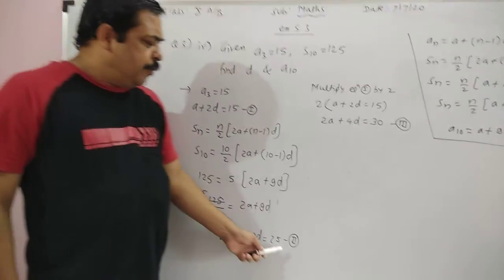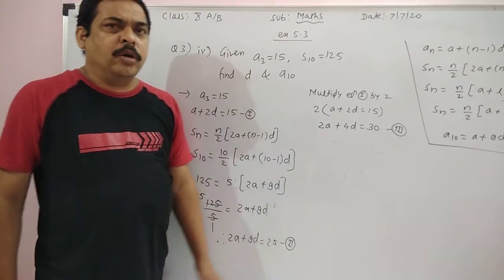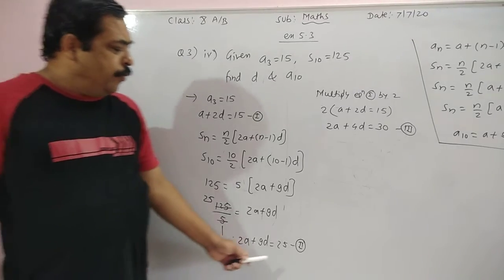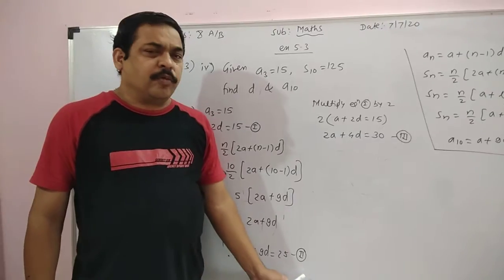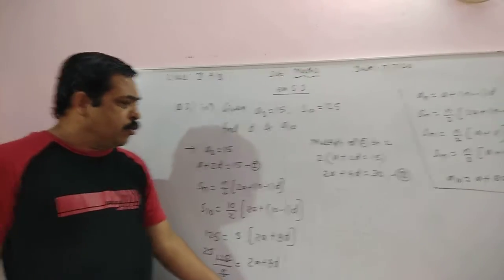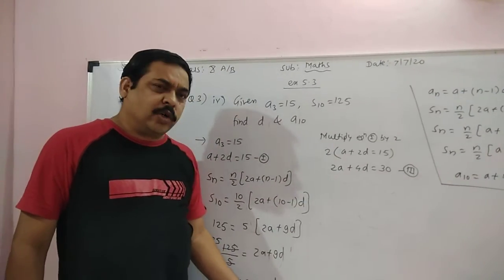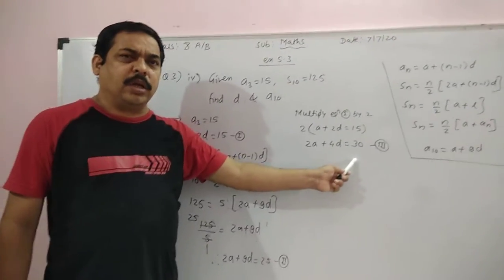We have to subtract. Which equation are we going to subtract? Either 2 from 3 or 3 from 2. For that I already told you. While deciding which equation you are going to subtract from which other equation, at that time you have to look towards the right side. Here the right side of equation 2 is smaller than the right side of equation 3.